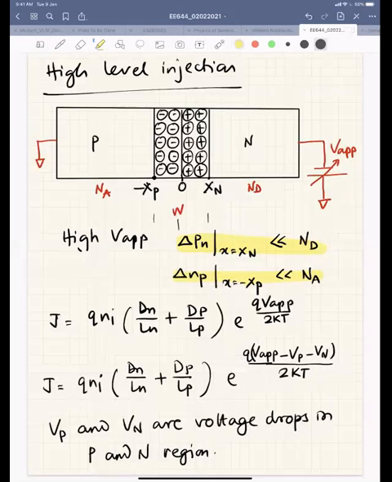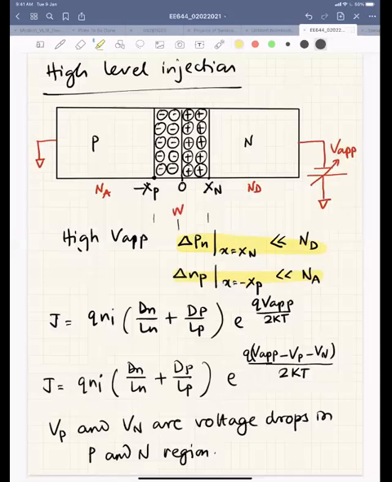So this is at the edge of the junction, right? So delta Pn at x equal to xn should be more than Nd. Delta Np at x equal to minus xp should be more than Na, right? We have done this derivation in the last class.